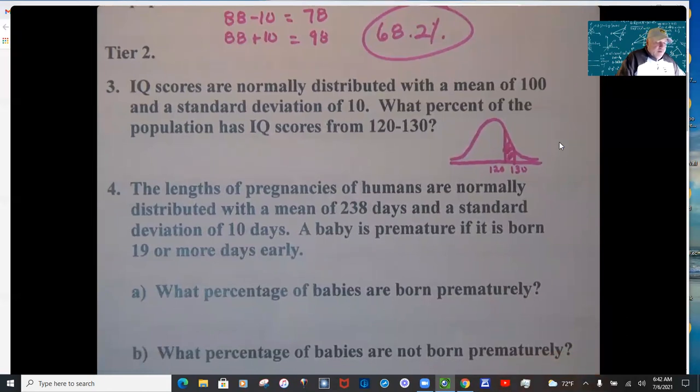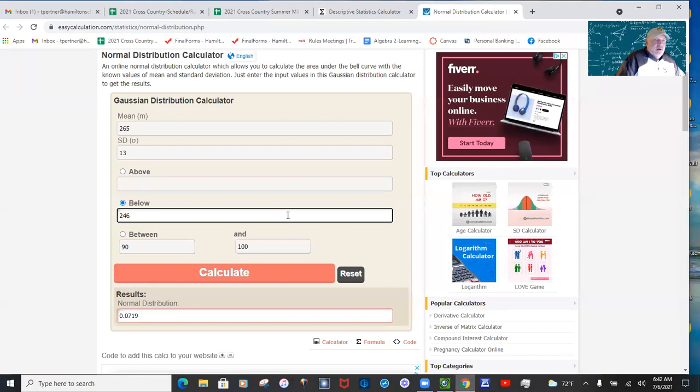And so the rest of the way, you're using the normal distribution calculator and the concept of the complement. Here we have so many babies that are born prematurely. Subtract that from 100% to get the percentage that are not born prematurely. All right, so here's our normal distribution calculator. It's in the learning plan for quiz 8.